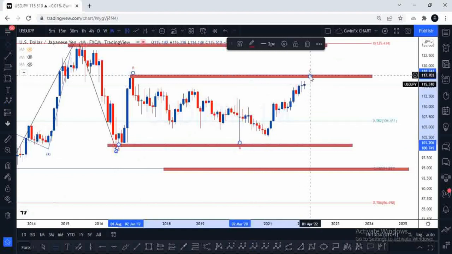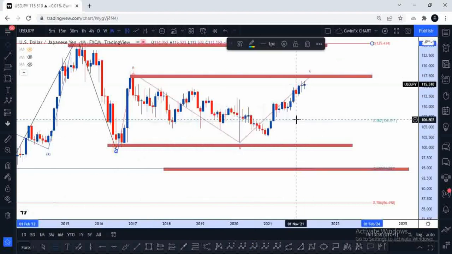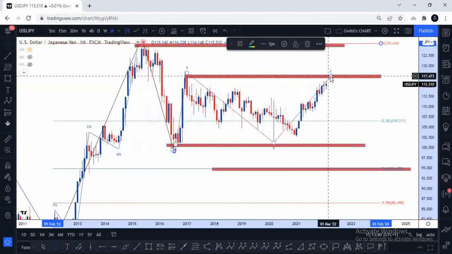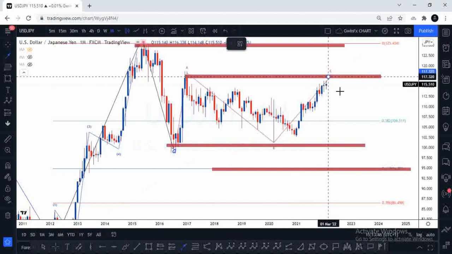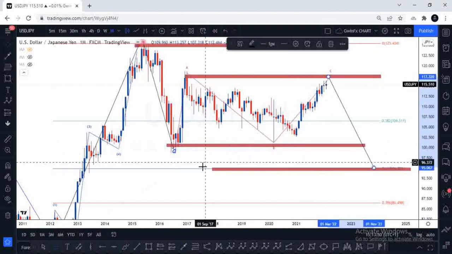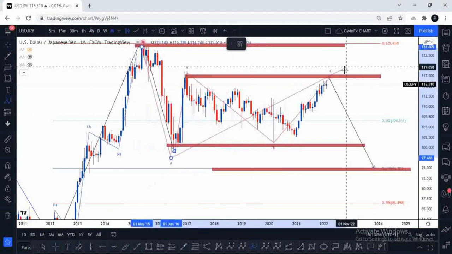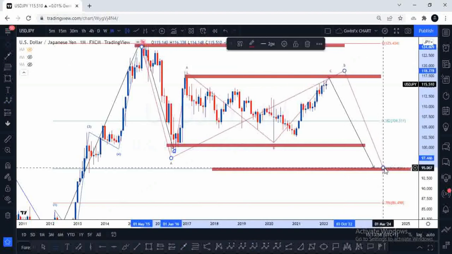Then maybe a drop back into a structure to create a bigger A, B, C, a bigger A somewhere around here.